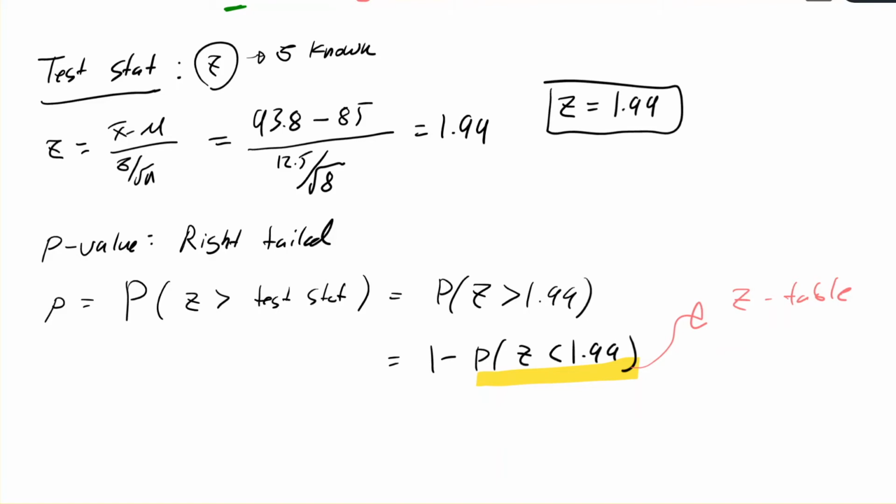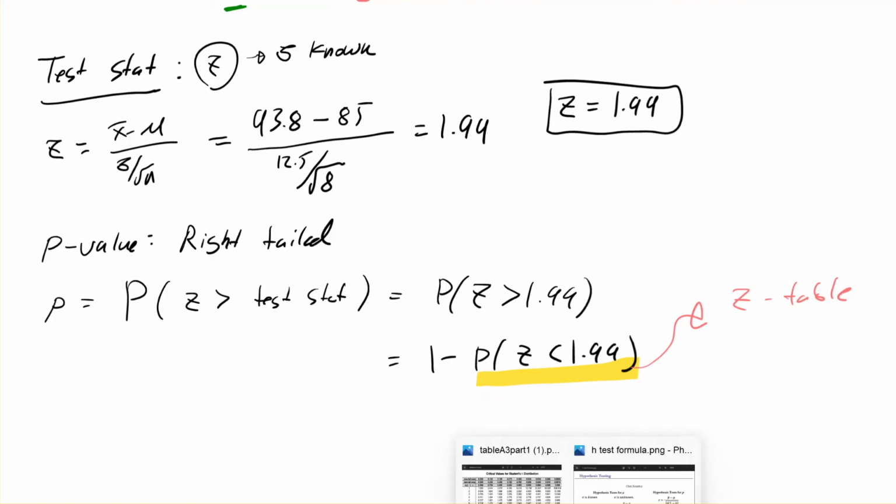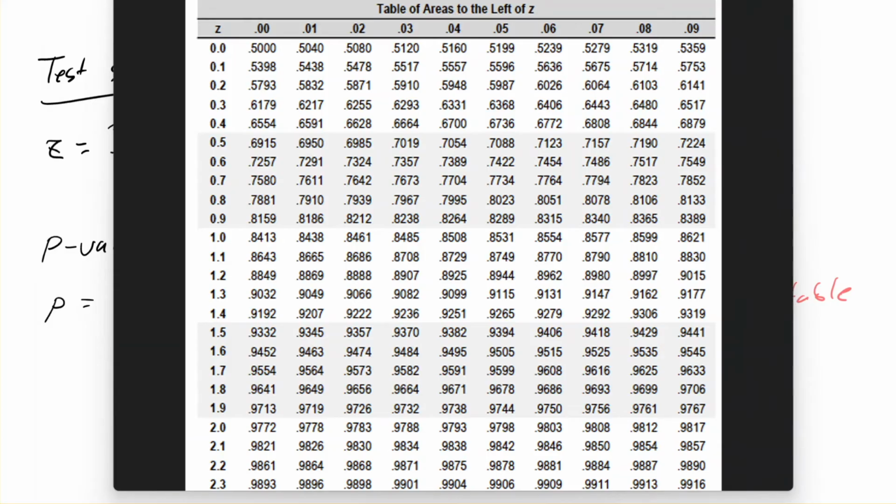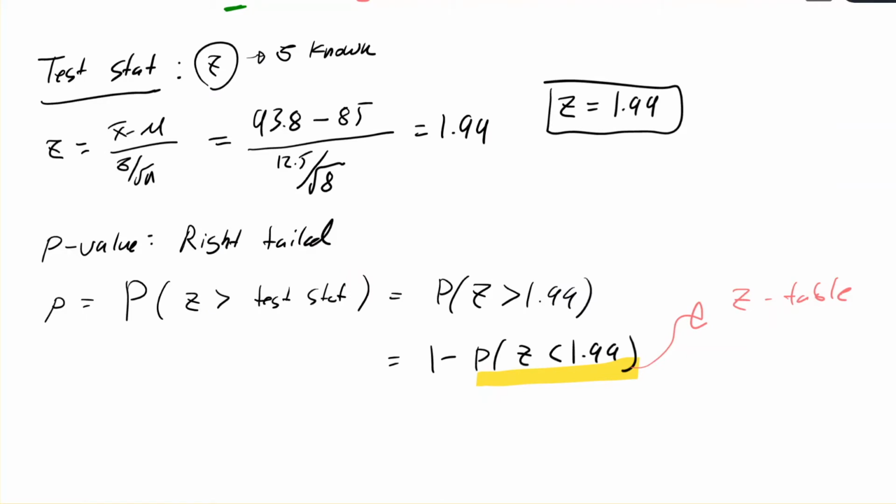So let's look at the z table together. 1.99. Here's the z table, and it was 1.99. So it is right here. 0.9767.